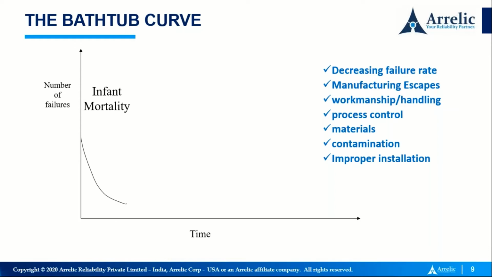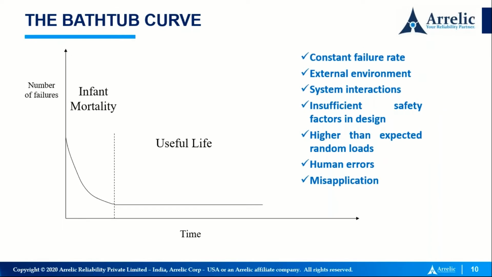So many reasons cause failures at this stage, until people get used to it, and the assets also get used to the raw material being processed and to the environmental, operating and maintenance conditions. Then things start to settle into a more or less stable phase called the useful life.